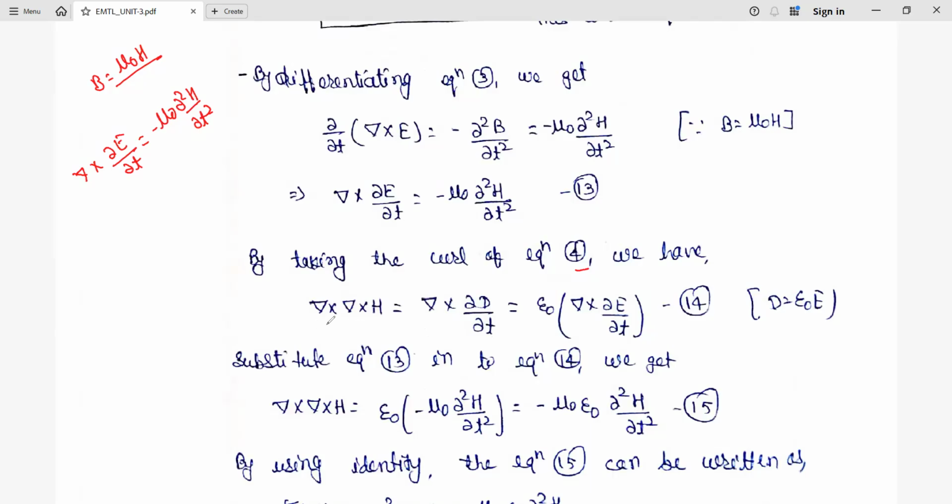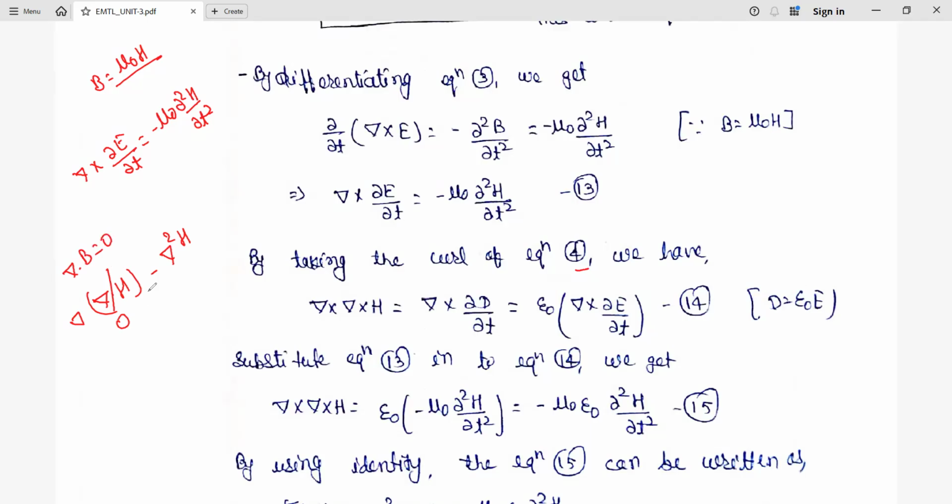In place of this value, we have ∇×H. Here also we can apply the identity, so that becomes ∇(∇·H) − ∇²H. Finally ∇·H is also going to be 0, since we have ∇·B equal to 0.